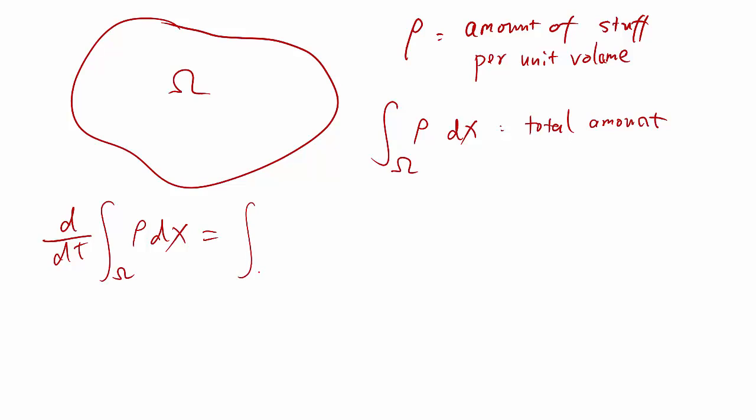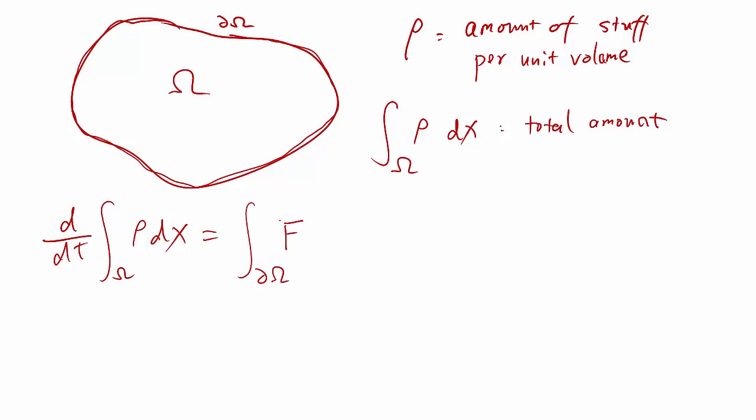That is equal to integration only over partial omega, which means the boundary. So this boundary is partial omega. That's a convention that basically represents the boundary points of a set. Okay, integration over the boundary of a certain flux.